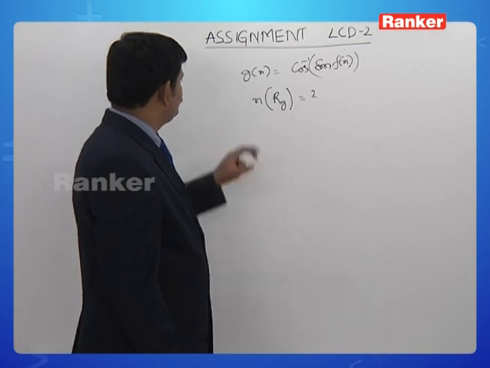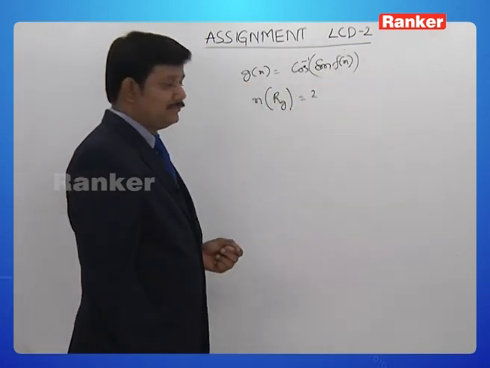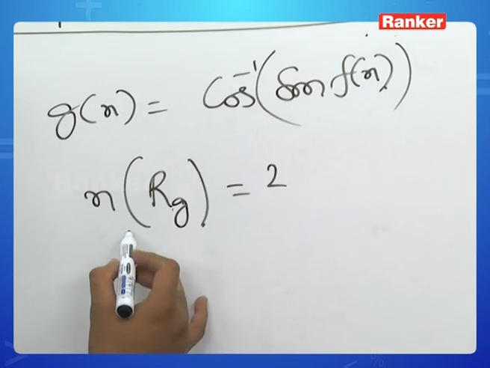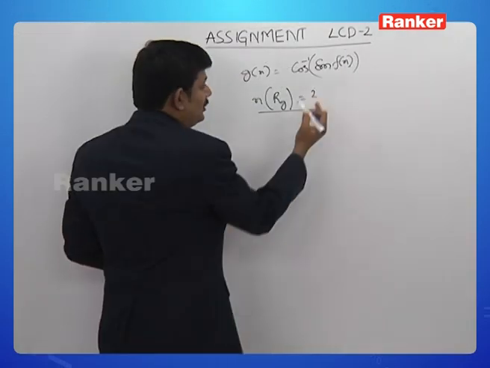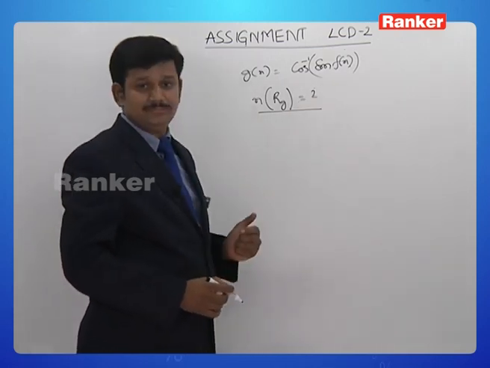Now, let us see, g of x is cos inverse of sine of f of x, and in the range set we have only 2 points.